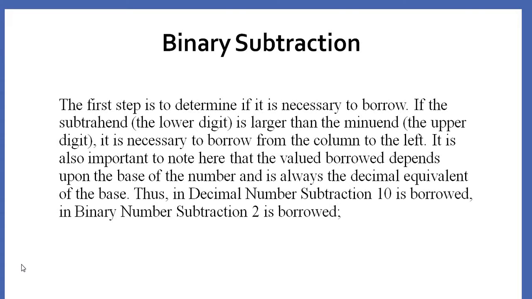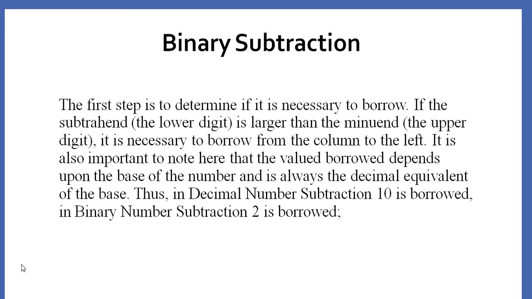Now what do we mean by binary subtraction? The first step is to determine if it is necessary to borrow, if the lower digit is larger than the upper digit. Like if the upper digit is 0 and the lower digit is 1, then it is necessary to borrow 1 from the next left column.